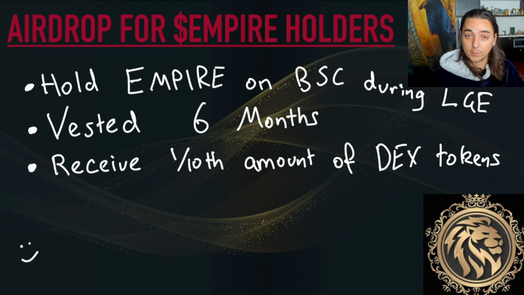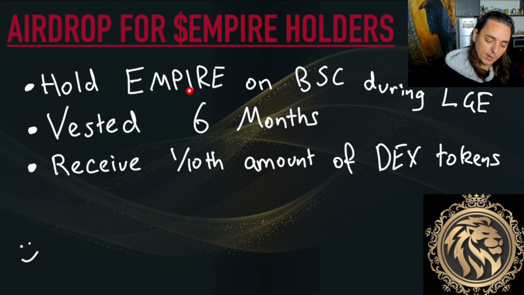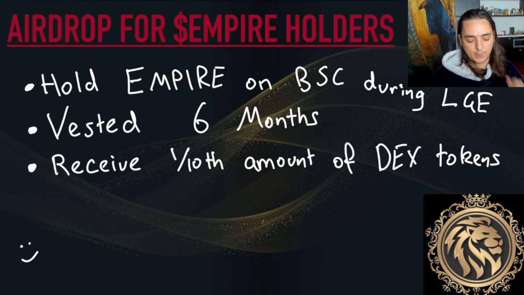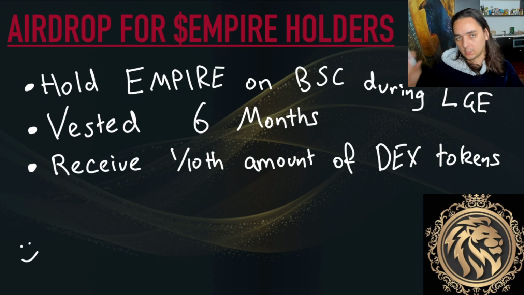So the airdrop that I mentioned. If you hold Empire on the Binance Smart Chain during the LGE, you are taken into a snapshot, and then after 6 months, you'll be able to claim your DEX tokens on whatever chain was doing the LGE. That's basically 1/10 of whatever you hold in Empire that you will be able to claim in 6 months' time.